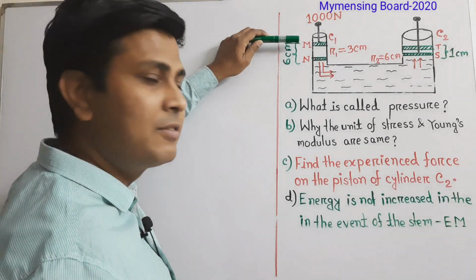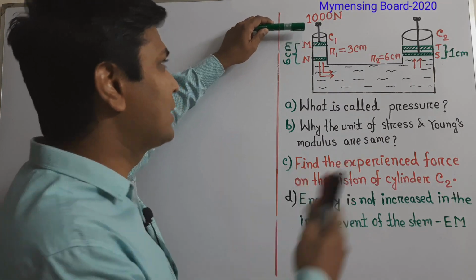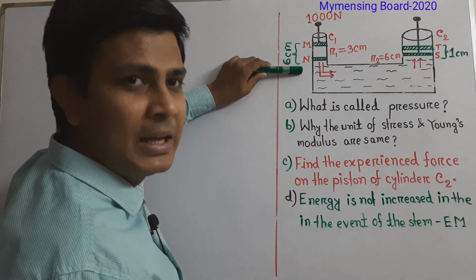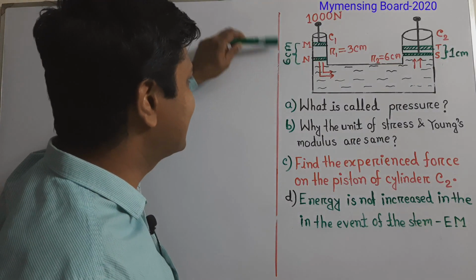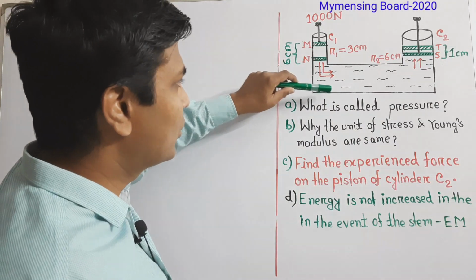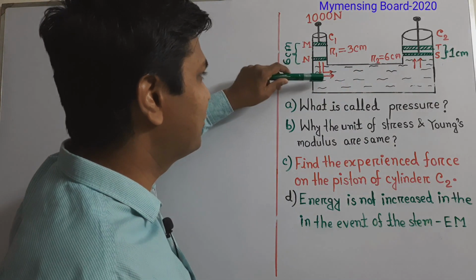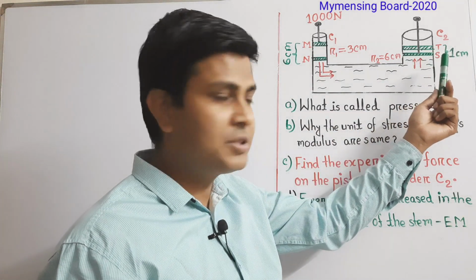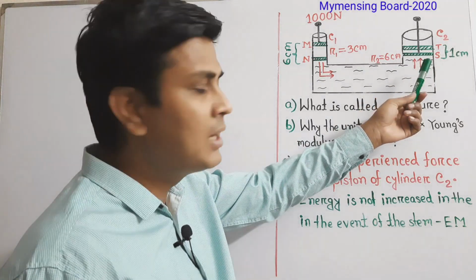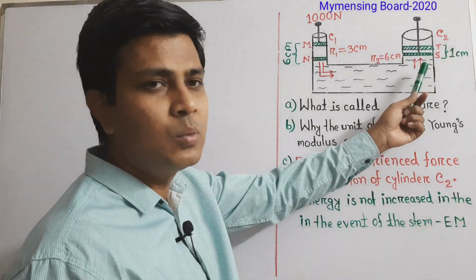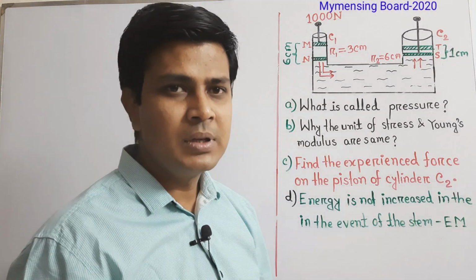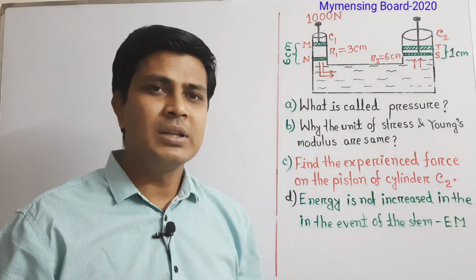The position of the first piston was M, and after applying 1000 Newton force on the first piston, its position will be N. That means the piston displaced 6 cm, and due to the displacement of the piston, the water will give the pressure on the large piston or second piston, and for that reason the piston will rise up 1 cm from its position S to T. This is the stem.